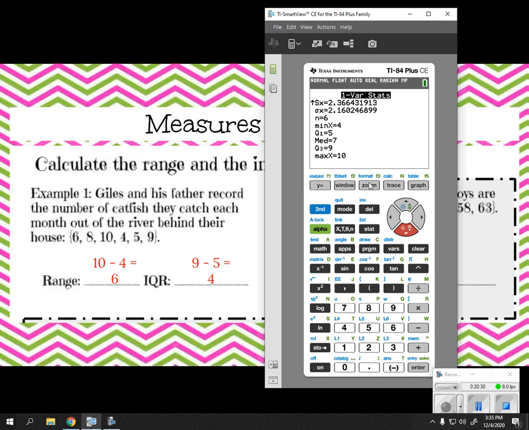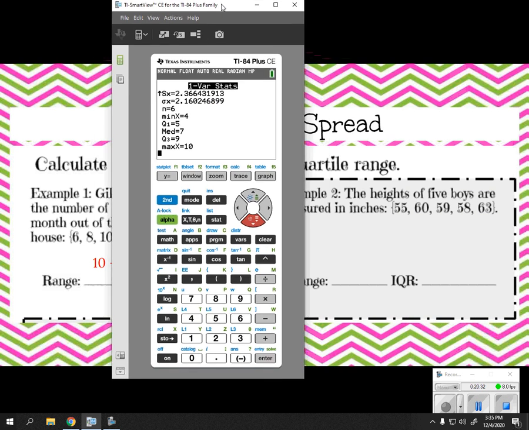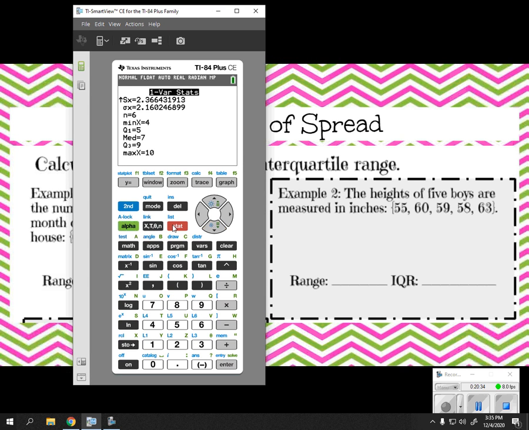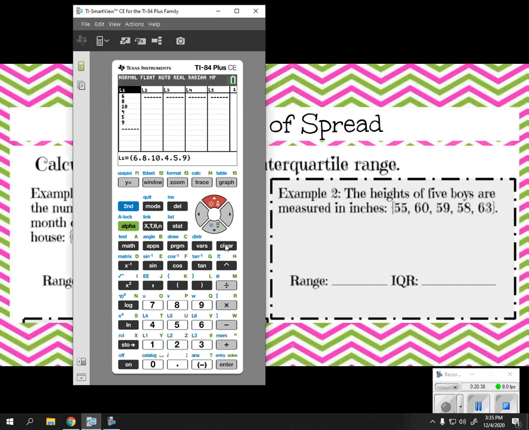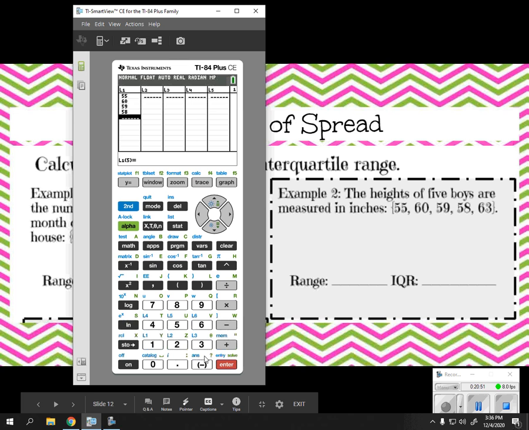All right, let's look at example 2. We'll put it in the calculator. So again, this is just getting to know our calculator and what we can do and what we're looking for. And if you're choosing to use a Desmos calculator or some other online calculator that I've been seeing you guys use, you need to be using this TI-84, because guess what?